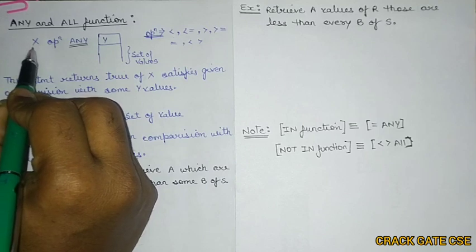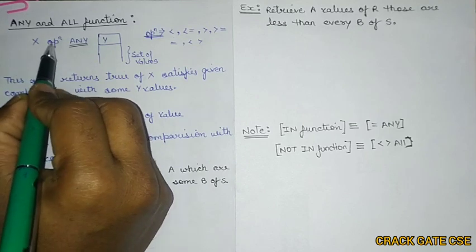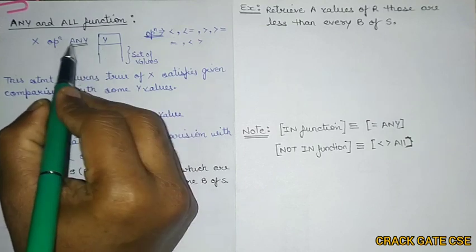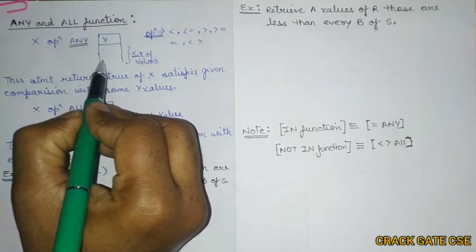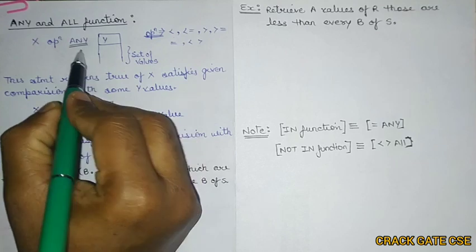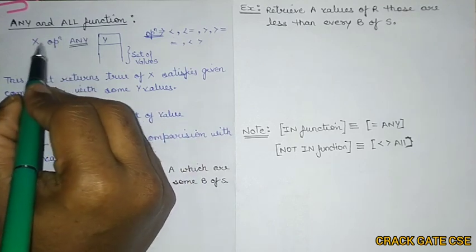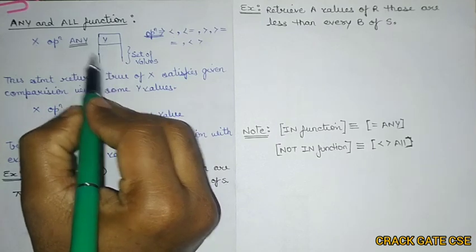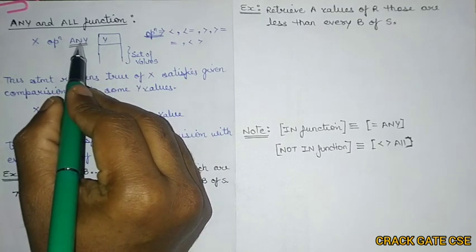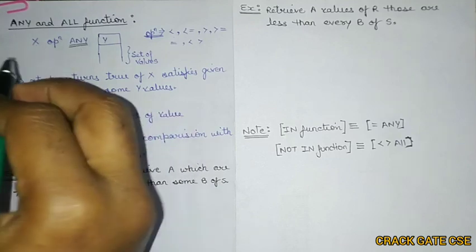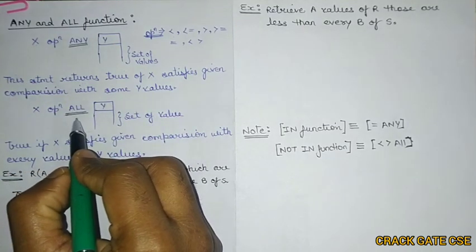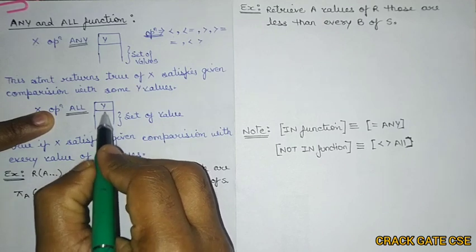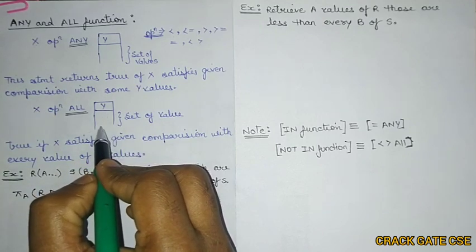If an attribute x has been compared with these y values and the operation has been satisfied by x for at least one value, then it is true for any. Similarly, in all, the x operation has to be satisfied for all the values in y.